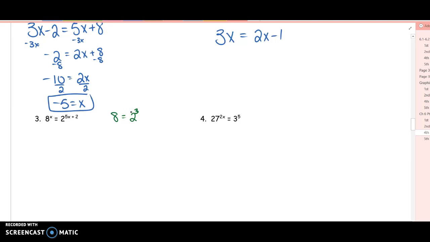I'm going to replace 8 with 2 to the third. So instead of this 8, we're going to write 2 to the third, and then put whatever was in the exponent before in parentheses, equals 2 to the 5x plus 2.